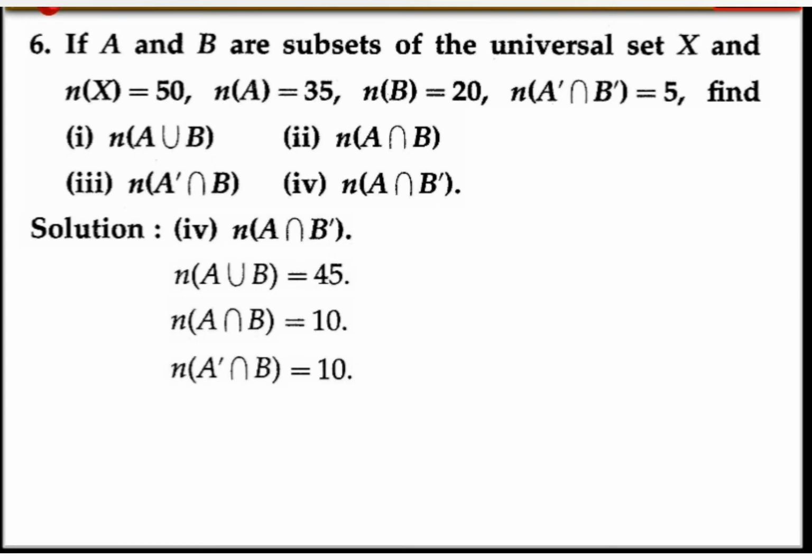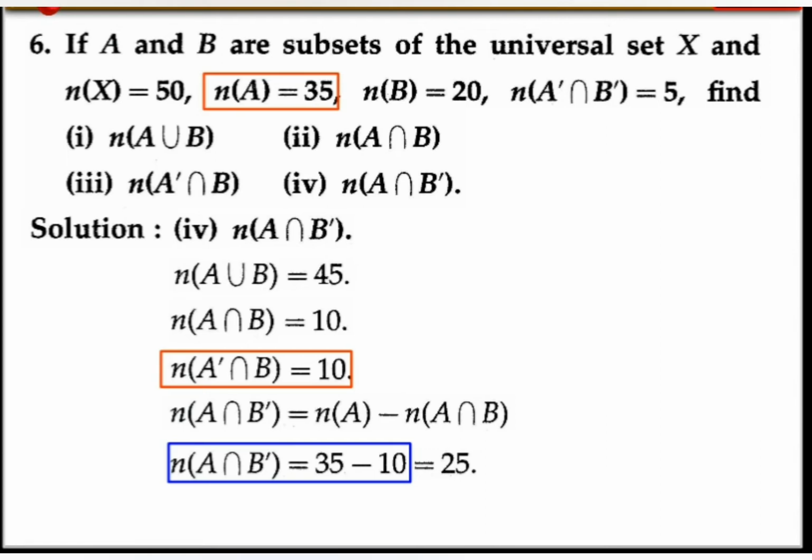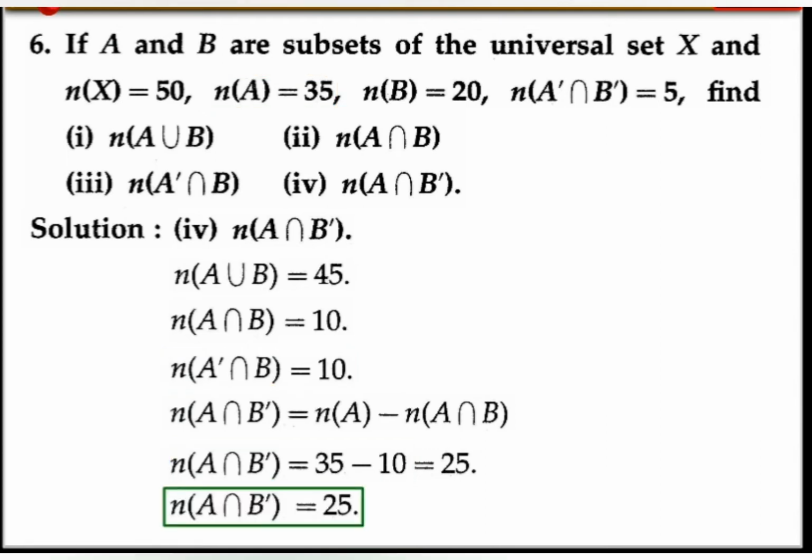Number of elements in A intersection B complement. Now the number of elements in A intersection B complement would be equal to the number of elements in A minus the number of elements in A intersection B. That is 35 minus 10, so the answer is 25.